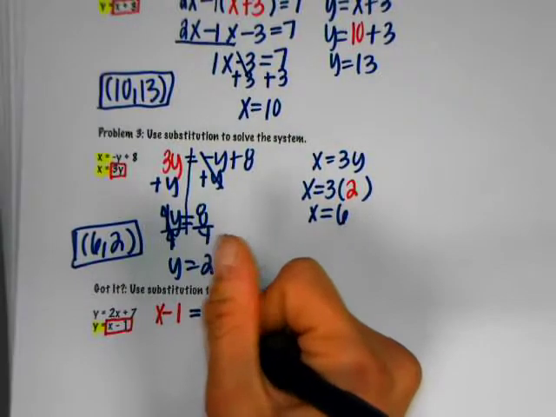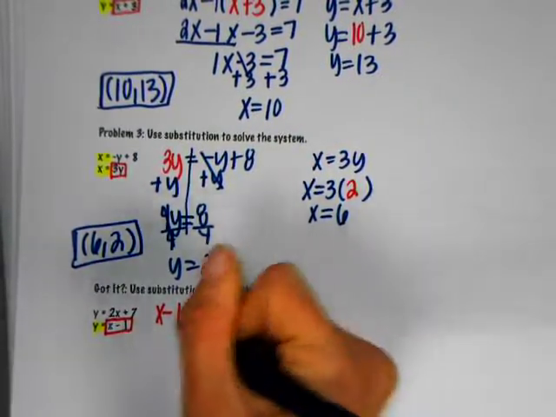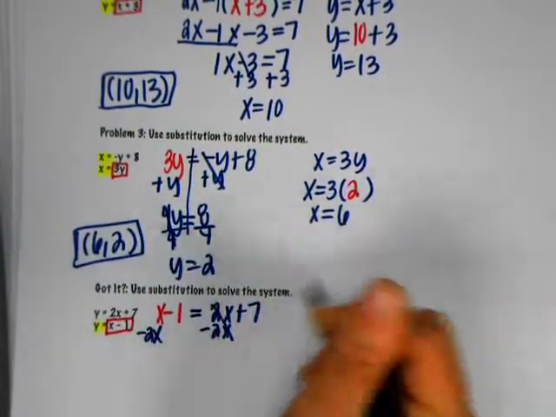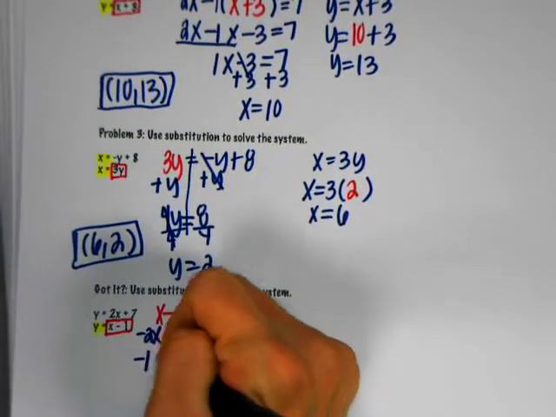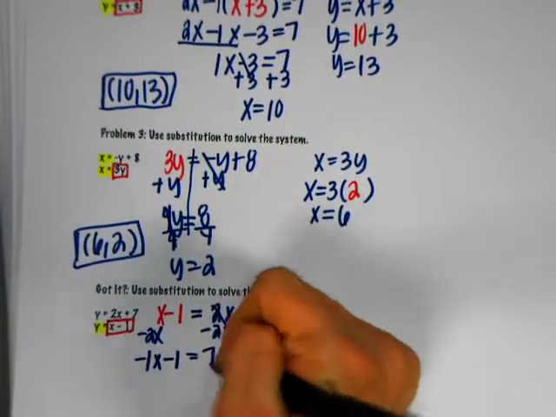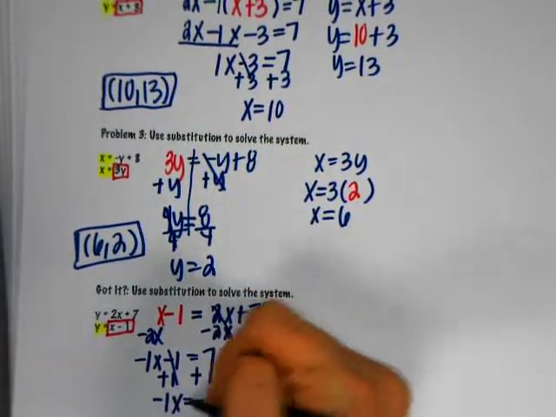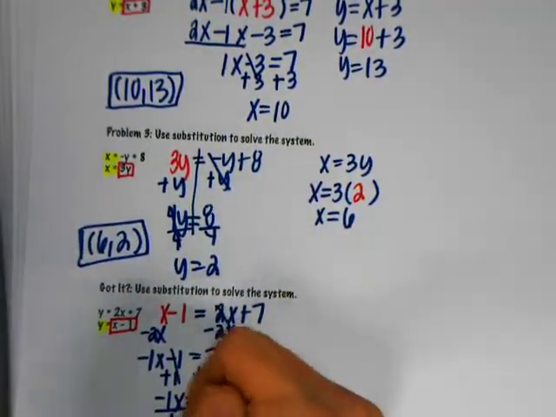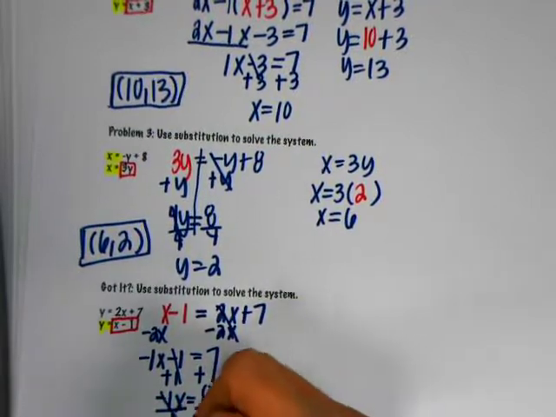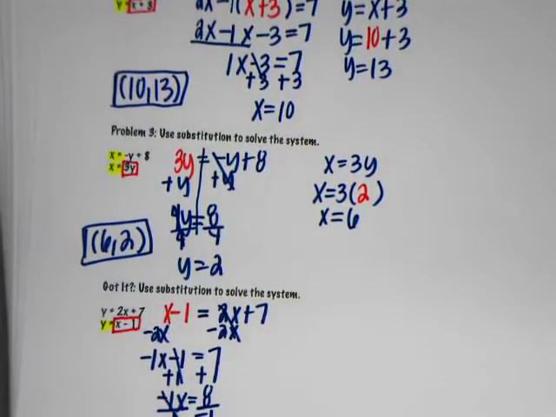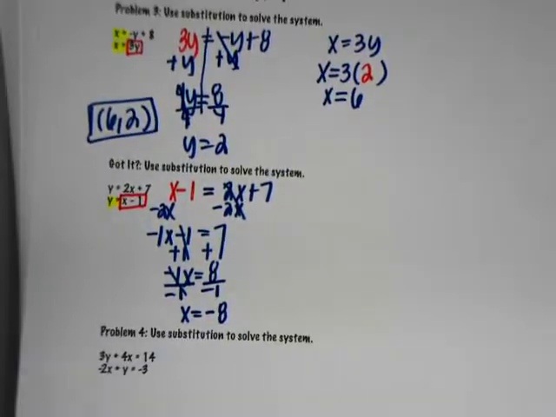And then solve. So 2 minus 2x, so I'm going to be negative 1x minus 1 equals 7. Add 1. Negative 1x equals 8. And then divide. So x equals negative 8. Sorry. There we go.